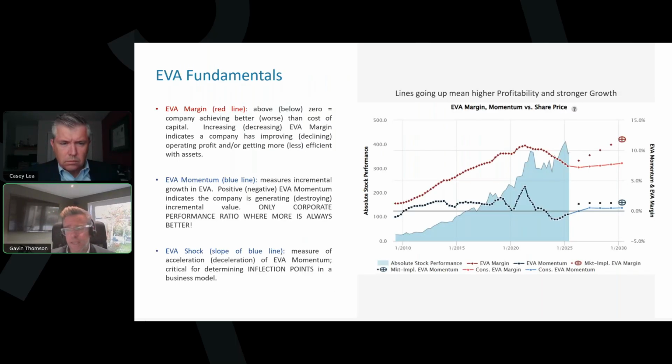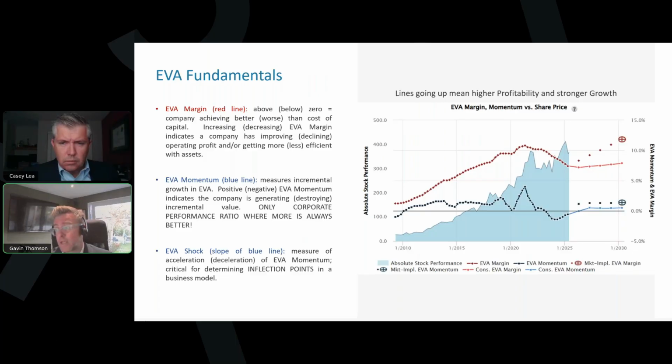You can see on this chart we have the red line which is our EVA margin, and the blue line which is our EVA momentum. EVA margin, our profitability indicator, is really the percent of revenue that remains as true economic profit. We know it's fully loaded for capital invested in the business.